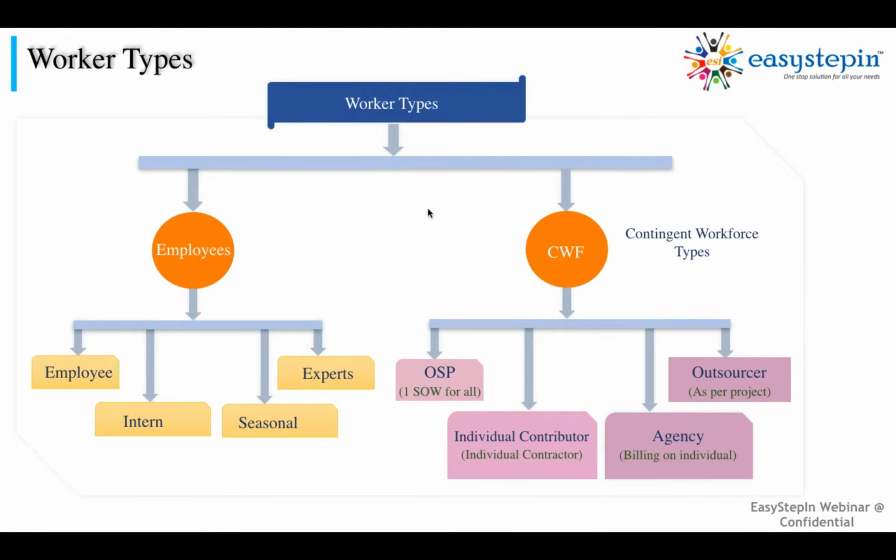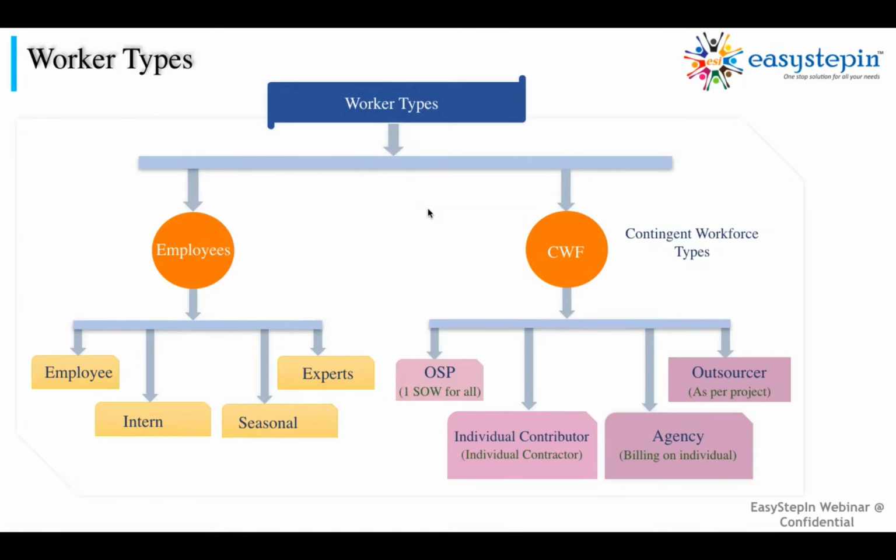So these vendors enroll with other companies to be informed with requirement and also to provide their eligible resources when required. So for example, say EasyStepIn have got a project requirement on MuleSoft for 10 resources, right? At EasyStepIn, we have only 5 MuleSoft resources and we need 5 more.